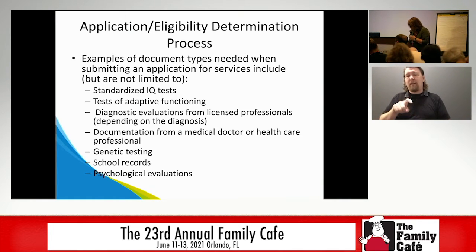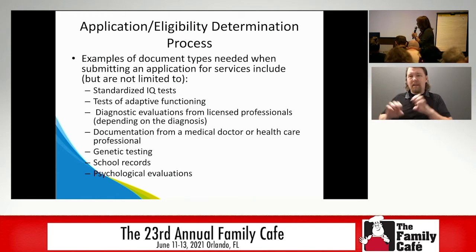We would also need tests of adaptive functioning, and examples of those include the Vineland, the AAMR Adaptive Behavior Scales. There's one that's called the ABAS, and that stands for Adaptive Behavior Assessment System, or the ABES, the Adaptive Behavior Evaluation Scale, and there are others also.